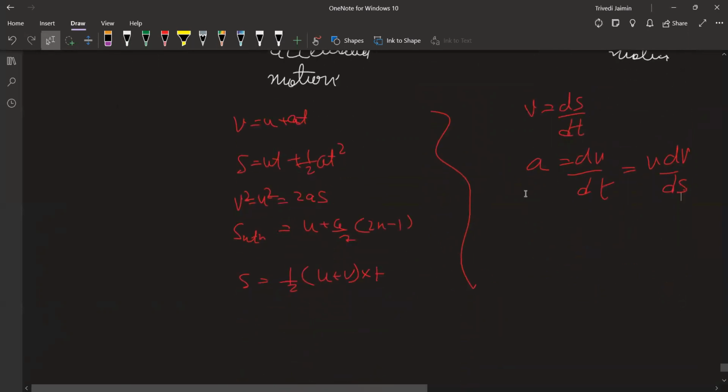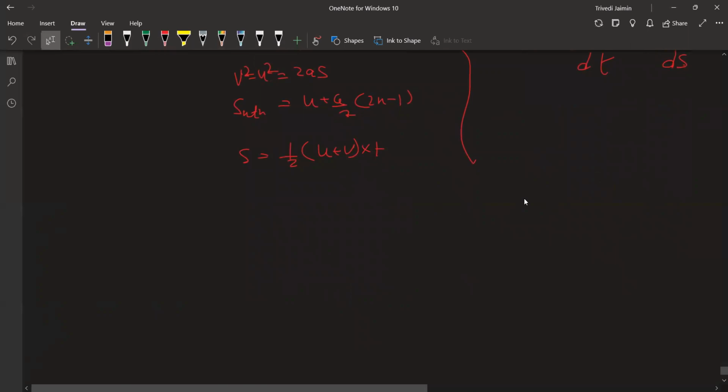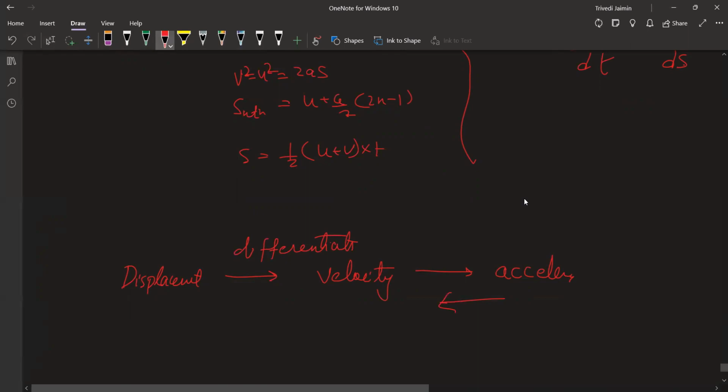Now one more easy way we can make this: from displacement to velocity we can go, from velocity to acceleration. So here we will differentiate. Now if you want reverse, we will integrate.